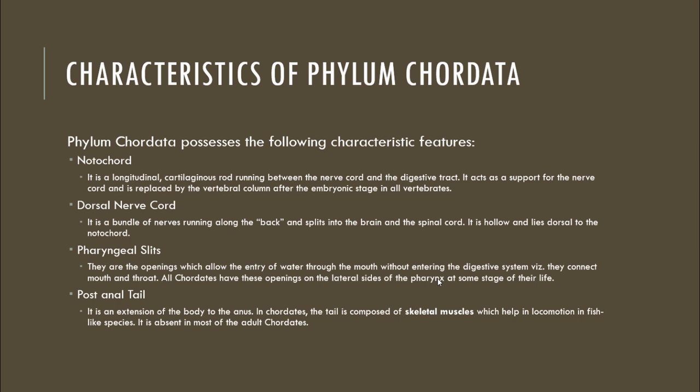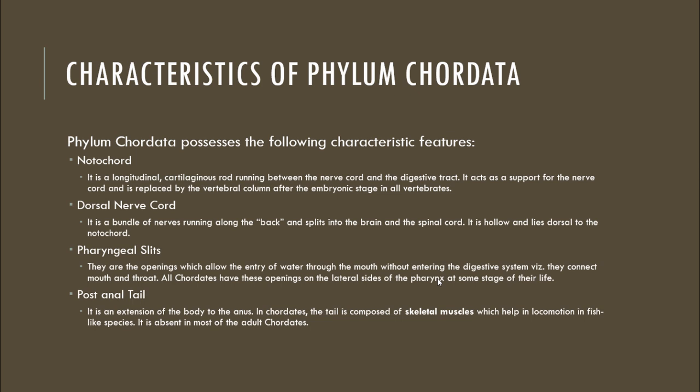So the characteristics of phylum Chordata. Number one is the notochord. It is a longitudinal cartilaginous rod running between the nerve cord and the digestive tract. It acts as support for the nerve cord and is replaced by the vertebral column after the embryonic stage in all vertebrates. Another characteristic is the dorsal nerve cord.